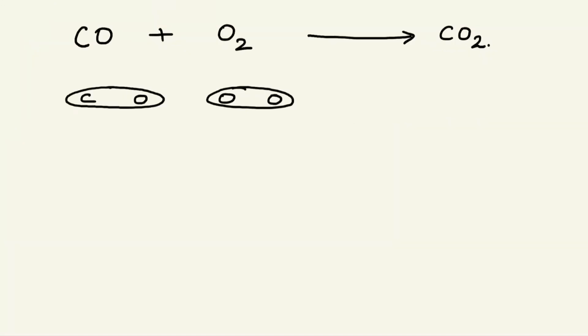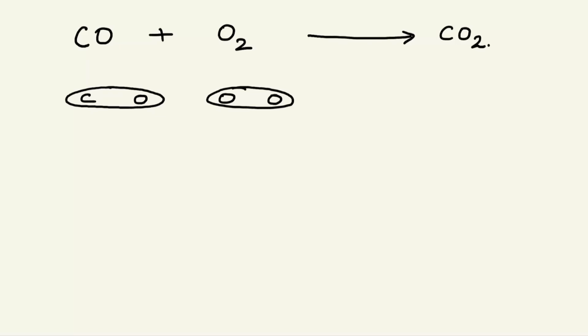For that, I'm taking a very simple example of the reaction of carbon monoxide with oxygen. So carbon monoxide burns with a blue flame in oxygen to form carbon dioxide. Now, let's see what happens here. Carbon monoxide molecule and oxygen. So I have drawn it as oval shapes over here, longitudinal, so that I can show the approach. Now, oxygen is an electronegative atom.